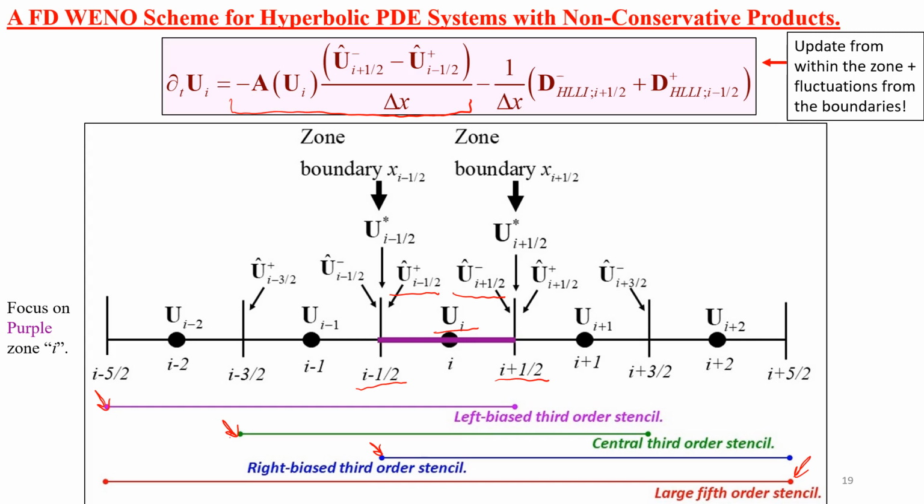So we have D minus HLLI from the I plus a half boundary, and we have D plus HLLI from the I minus a half boundary, and that accounts for the contributions coming from the Riemann fan. So we have a central contribution, which is this guy out here, and a contribution from the Riemann fans at each of the zone boundaries, which is this other guy out here.